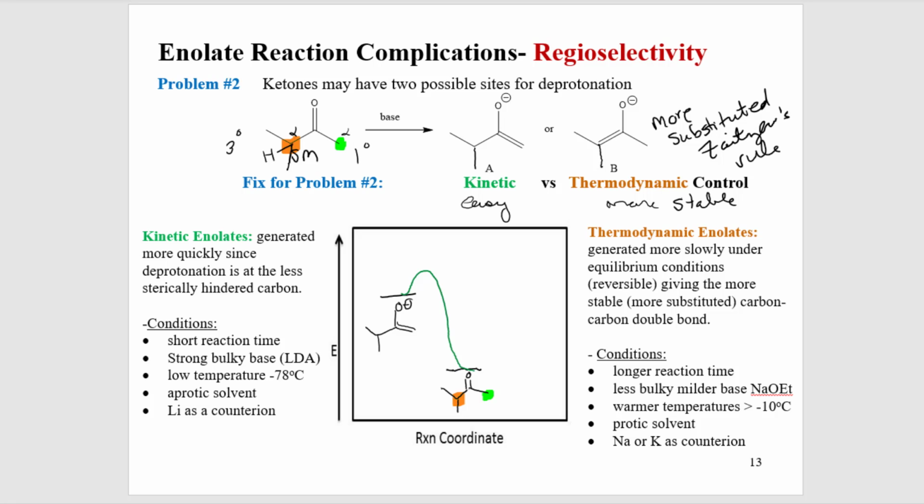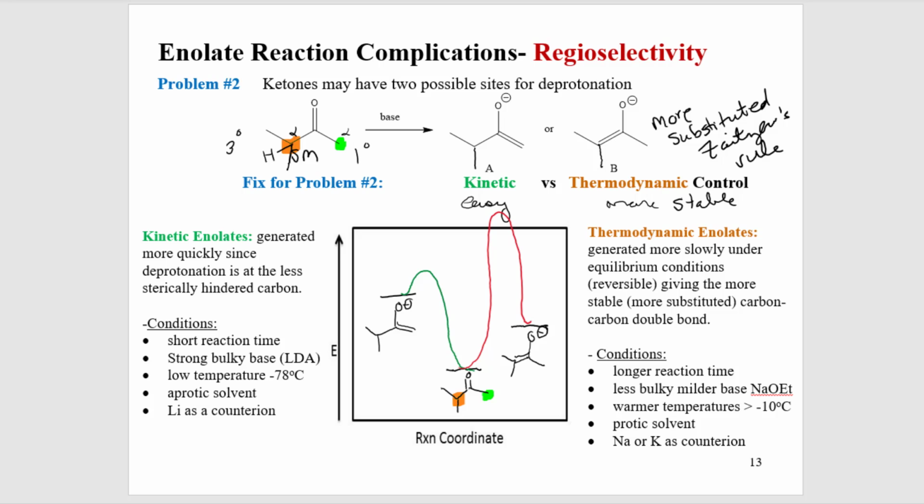This goes back to last semester. Zaitsev's rule says the more substituted a double bond is, the more stable it is. So I'm going to place the thermodynamic enolate lower in energy. But getting to it is so much harder. It takes a lot more energy to get to it.